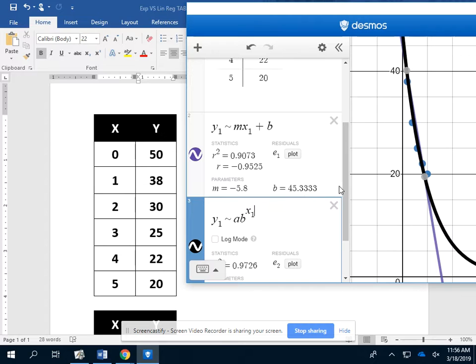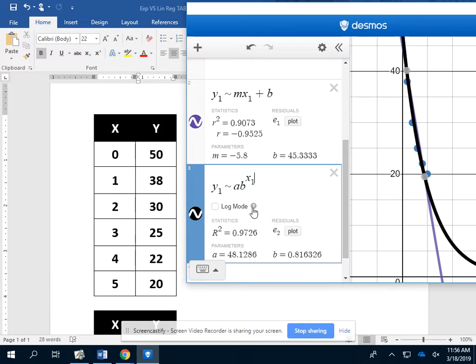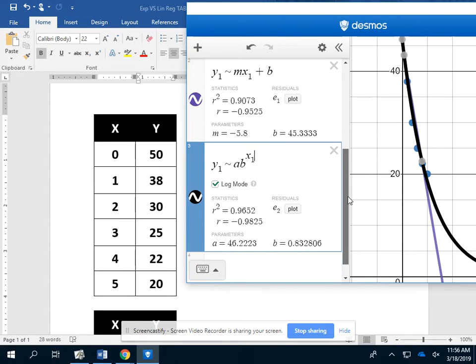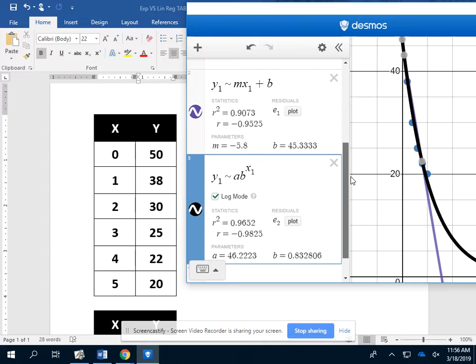So the very first thing I want you to do, you can already see the exponential function was created. But before we do anything else, without explaining, I want you to click this button right here, log mode. Turn log mode on because it goes into further things that you don't need to understand at this point. But we want to use log mode to compare these two functions to each other.